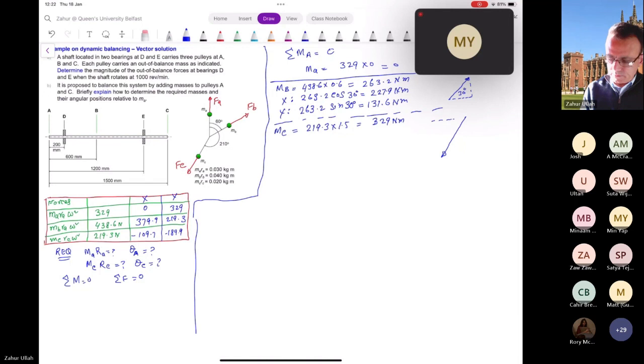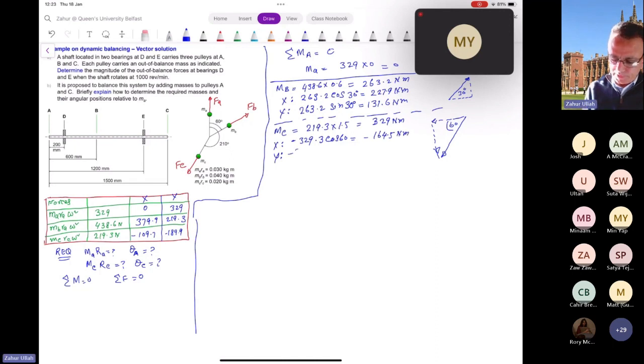And you can say that this will have an X and Y component, and the angle here is 60. So this means that you can calculate the X and Y component of this. The X component will be 329.3 cos of 60, and this will be minus 164.5 Newton meter.